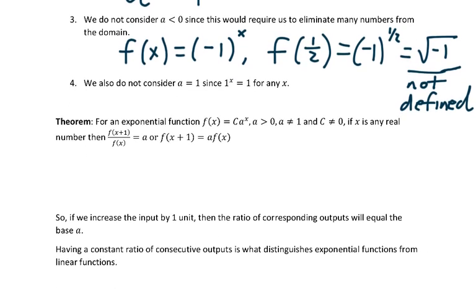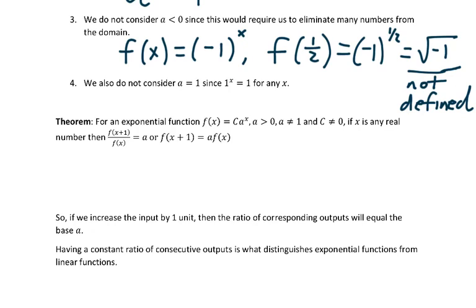The next theorem here is also very useful. It tells us that if you increase your input in an exponential function by 1 and then divide by the original function f of x, you get the base a back. In other words, if you increase the input by 1, the ratio of corresponding outputs is equal to the base of that exponential function.